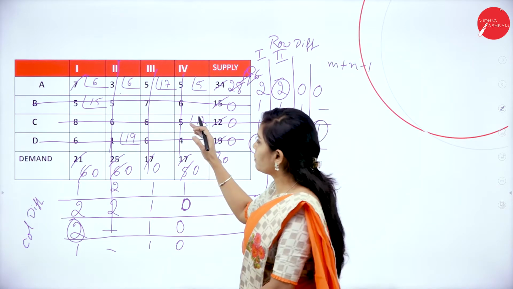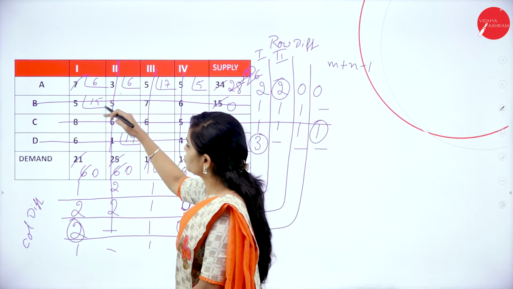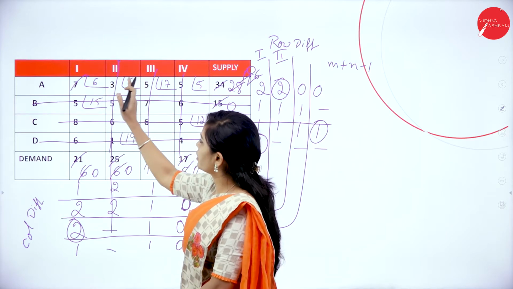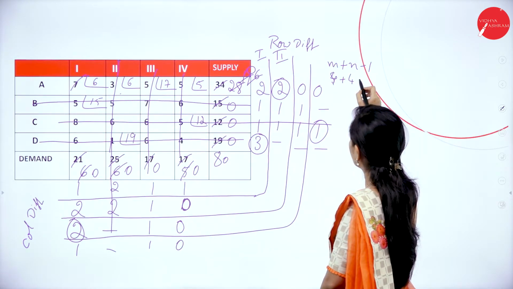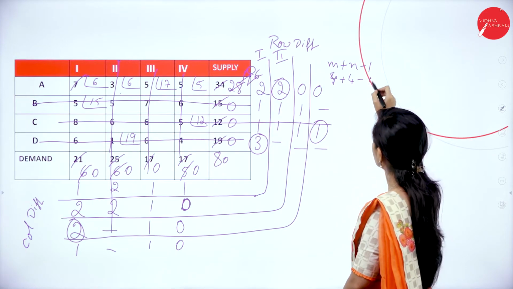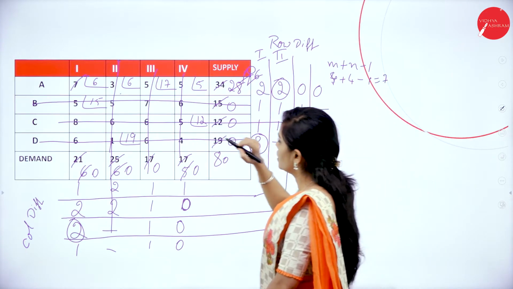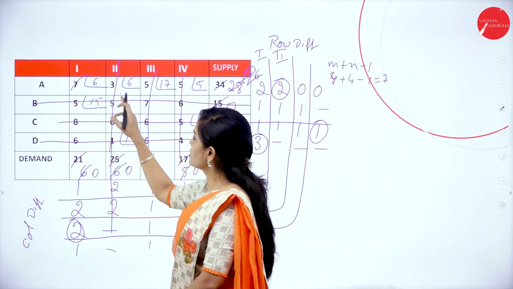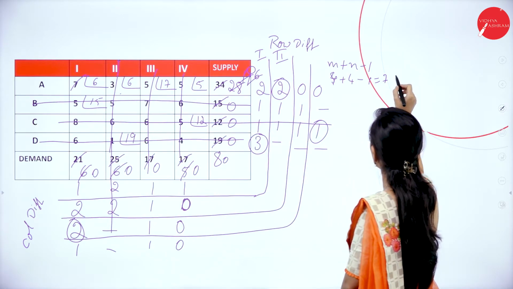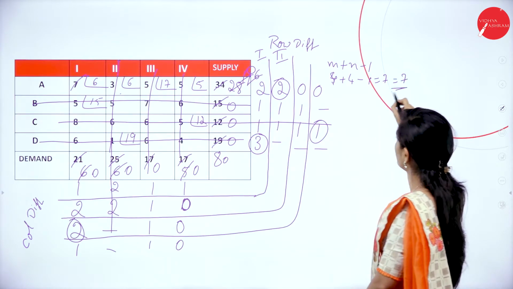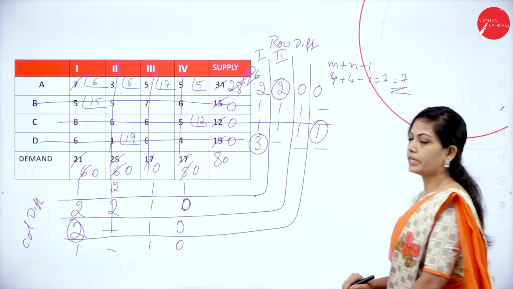Number of rows is 1, 2, 3, 4. Columns also 1, 2, 3, 4. So 4 plus 4 is equal to 8, minus 1 is 7. Just check the allocated cells: 1, 2, 3, 4, 5, 6 and 7. So 7 is equal to 7. We got the same value, so it is non-degenerate.